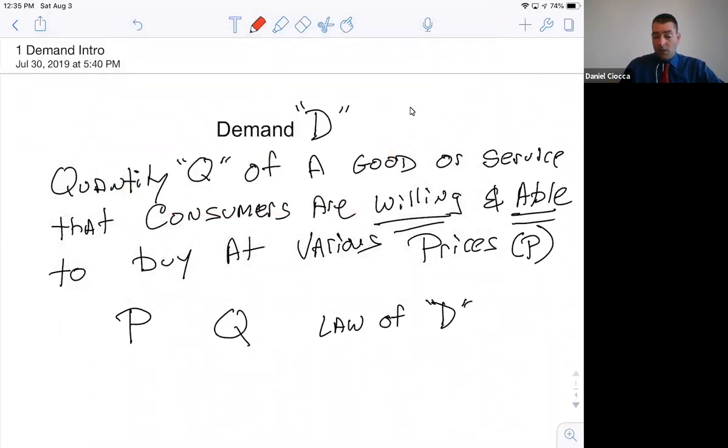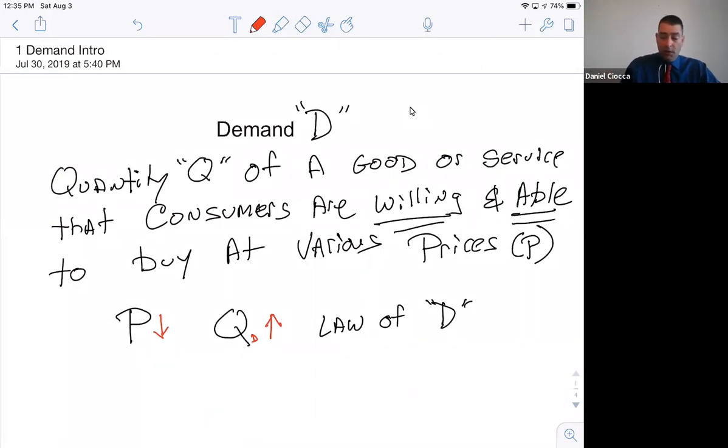The law of demand says when the price of a good or service goes down, the quantity that customers are willing and able to buy, the quantity demanded, goes up. Notice I didn't say demand goes up. I said quantity goes up.